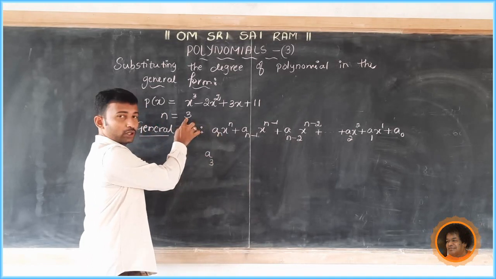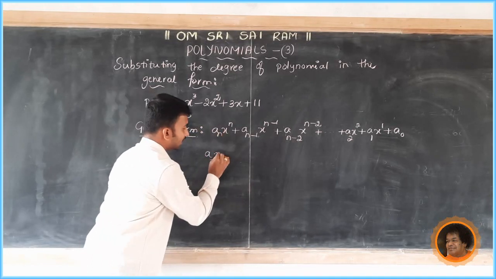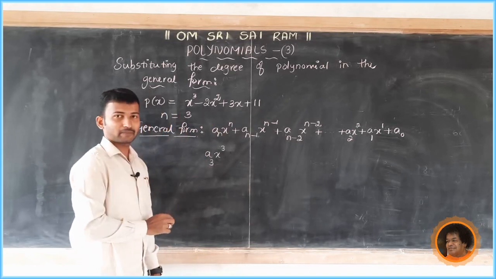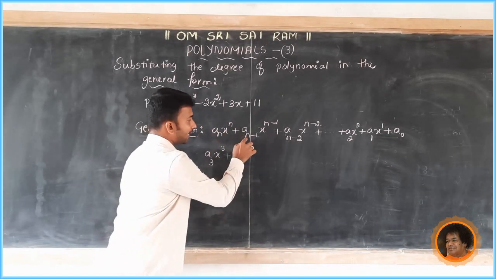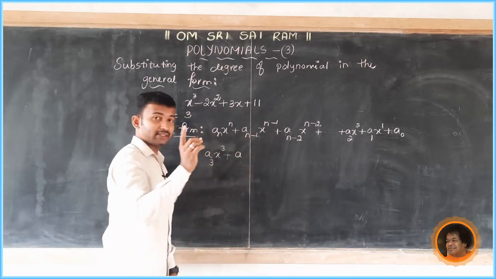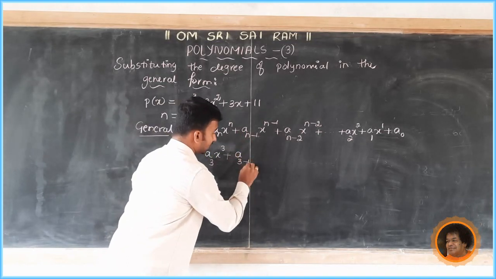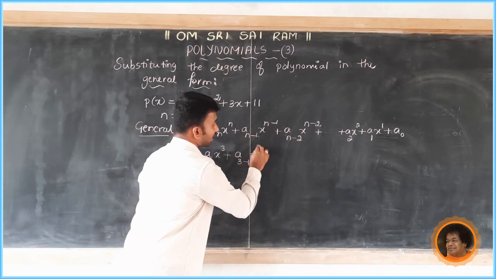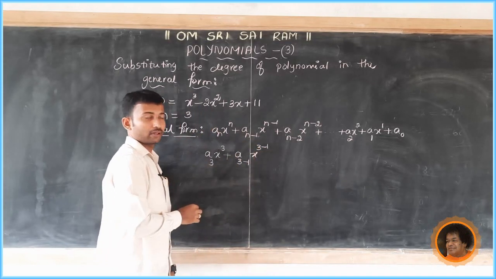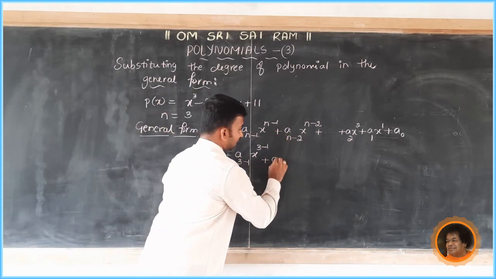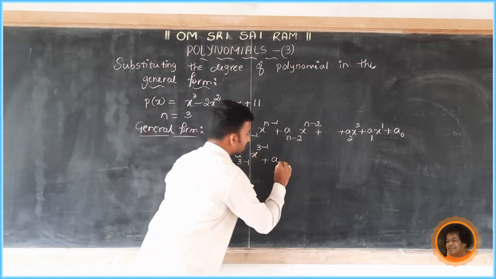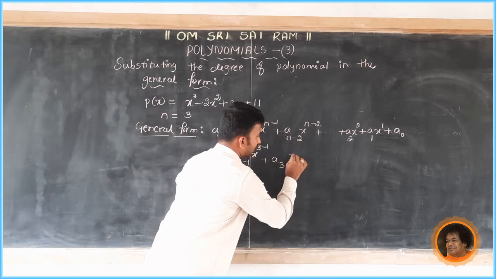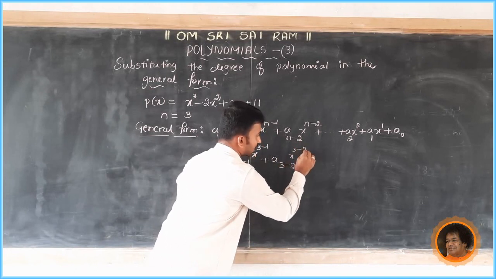A3 because n equal to 3, and next x power 3. Then plus an minus 1, n is equal to 3, so 3 minus 1, and x power 3 minus 1. Next plus an minus 2. What is n minus 2? 3 minus 2 and x power 3 minus 2.